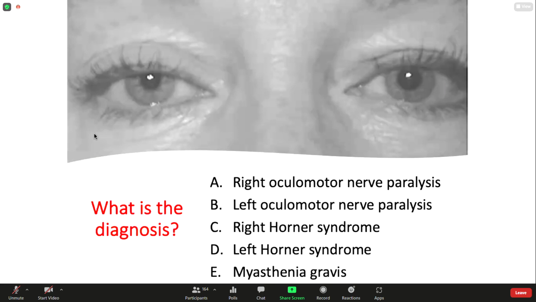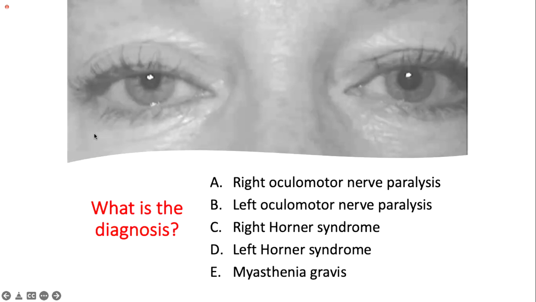Right, so 65% have gone for right Horner syndrome, 10% for left oculomotor nerve paralysis, and 20% for right oculomotor nerve paralysis.